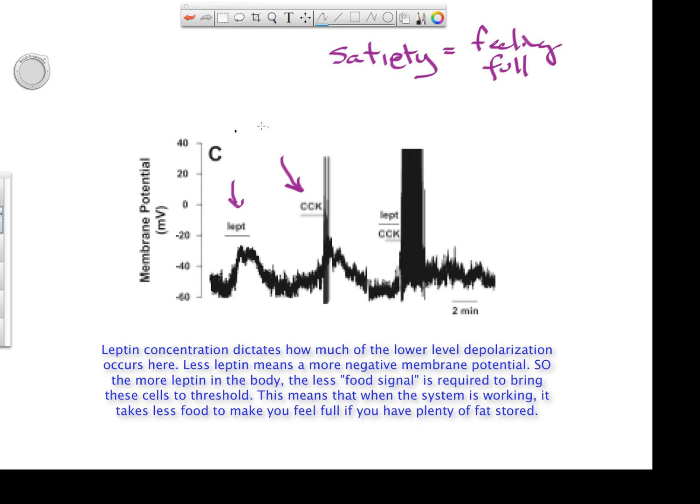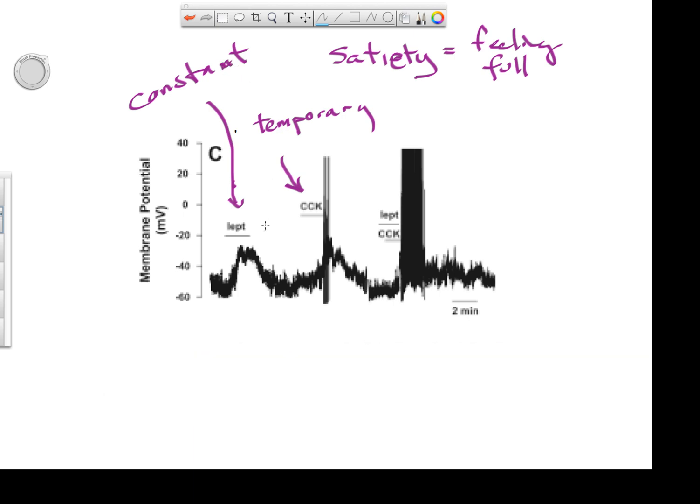Well, CCK is a very temporary signal. Leptin is a rather constant signal. It's important to maintain weight balance. You don't want to eat too much or too often, but you certainly do not want to stop eating no matter what your energy levels are.